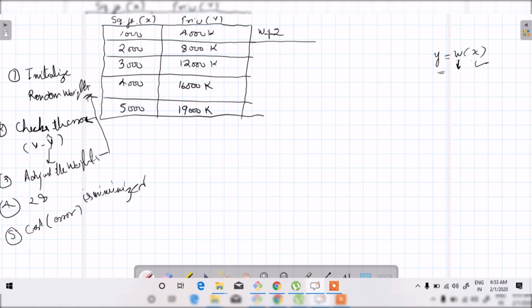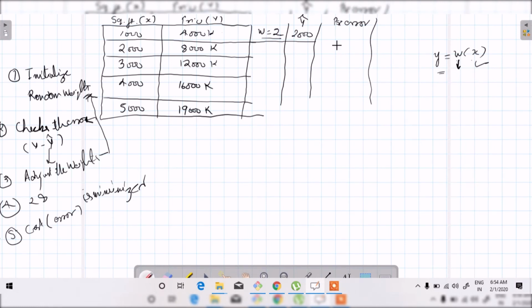Now, once it is initialized with w equal to 2, w into x for the first observation comes as 2000. This will be your y hat, and this will be your error.